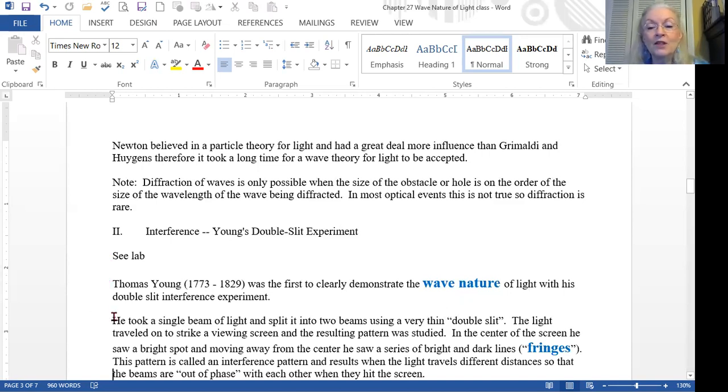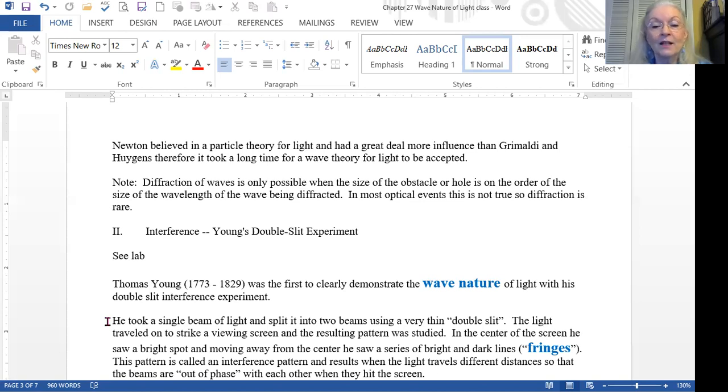Thomas Young demonstrated the wave nature of light with his double slit interference experiment. He was able to take and split a beam of light into two beams and then let the beams come back together. And what you would normally expect would be just two bright spots, but that's not what he got.